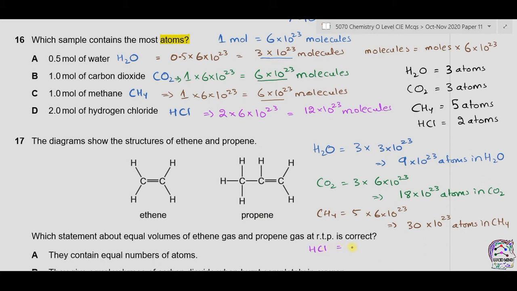For HCl we can multiply 2 with the number of molecules of HCl, which is 12 × 10^23. So we have 24 × 10^23 atoms in HCl. The greatest number of atoms is 30 × 10^23 in CH4, so therefore the answer is C.